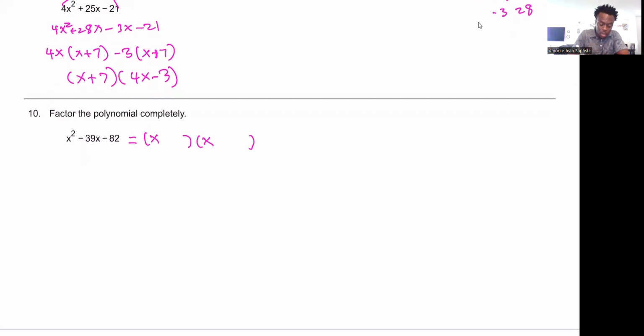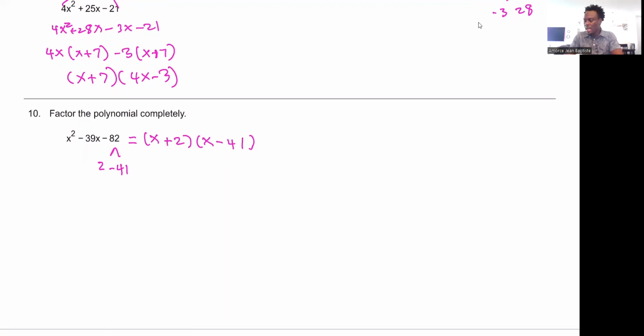And then now two numbers that multiply to give you -82 and add to -39 are what? That is 2 and -41. So that's +2 and -41. That's the completely factored form of your expression.